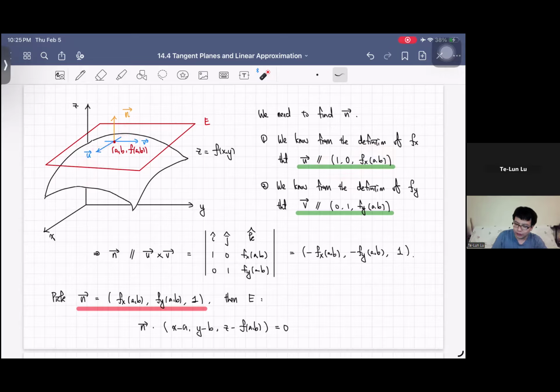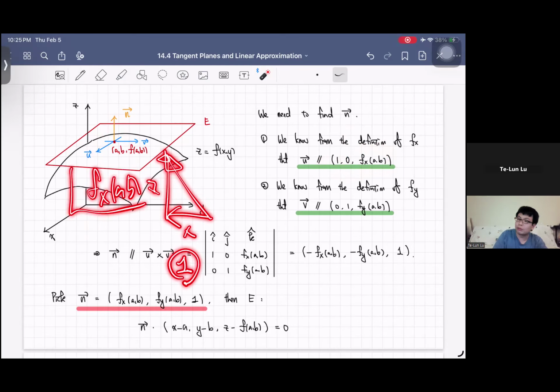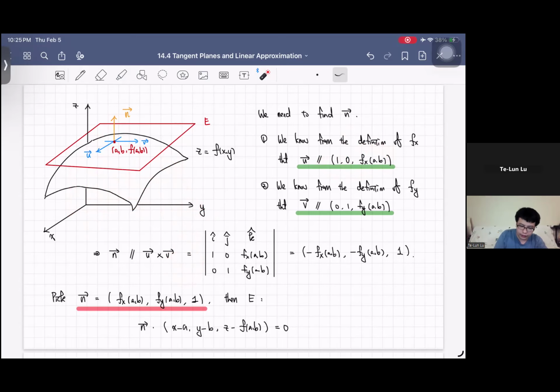You can see that I set the 0 here because y is not moving. y is always the same on the same plane, whereas z goes along by 1 towards f_x(a, b). That is the definition of slope. So that vector, which is a tangent vector to the surface at the point (a, b), will be parallel to this vector, (1, 0, f_x(a, b)).